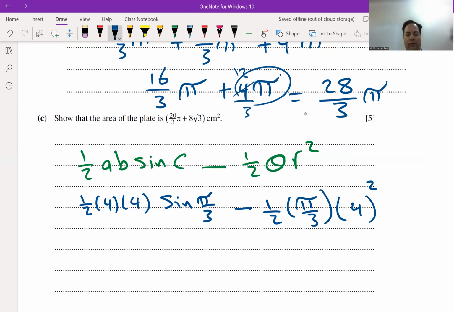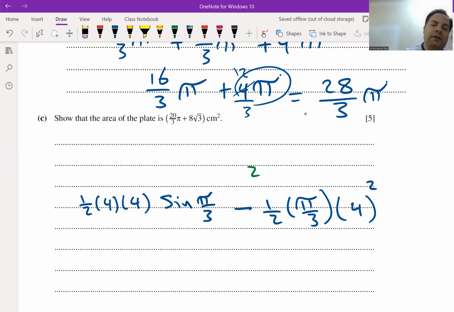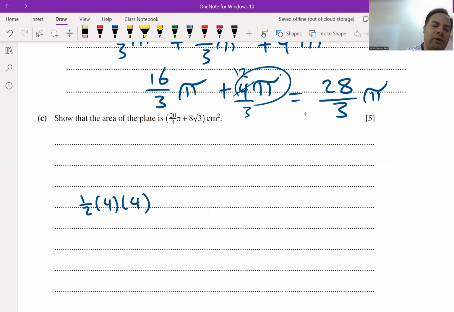Sorry, I switched the order. Area of sector minus area of triangle. You have to write the big value minus the small value. If by mistake, like me, you get this value in the final exam, don't waste your time, just switch the order and write a negative sign, remove it to be positive.